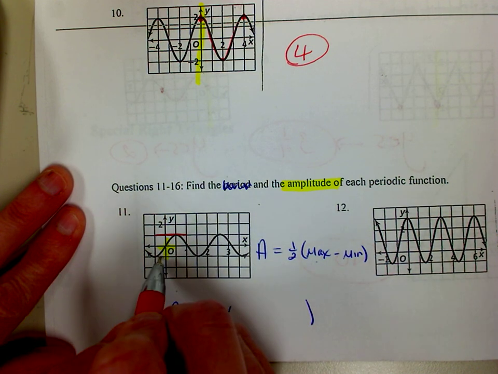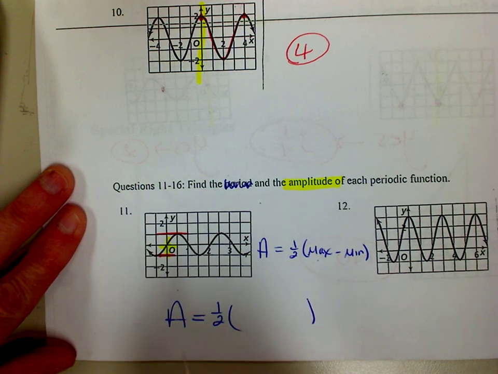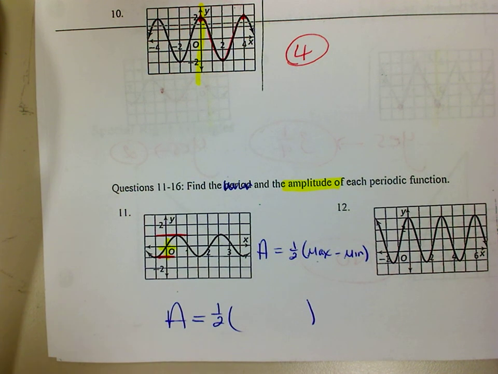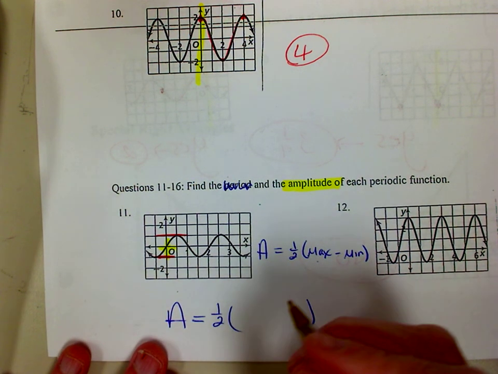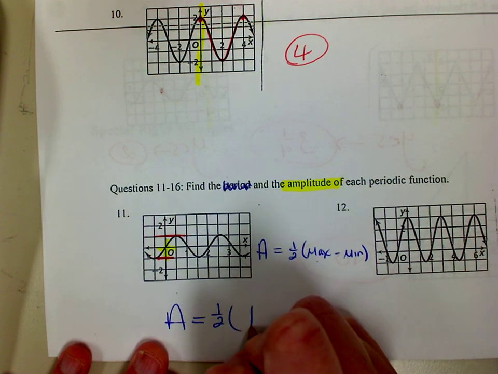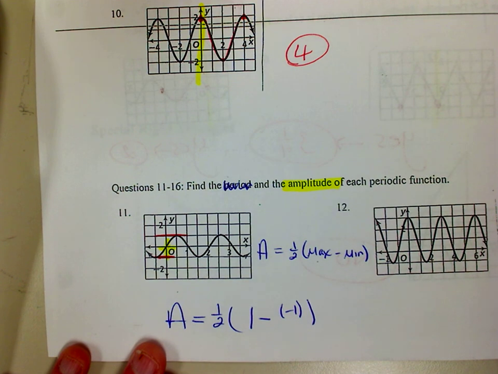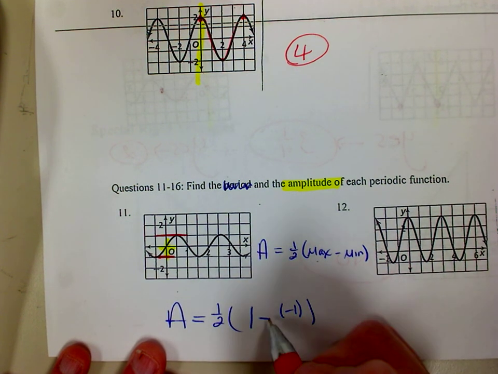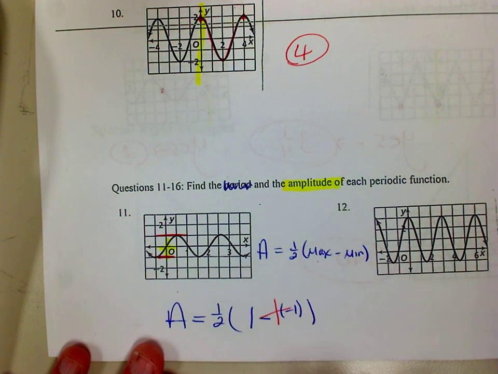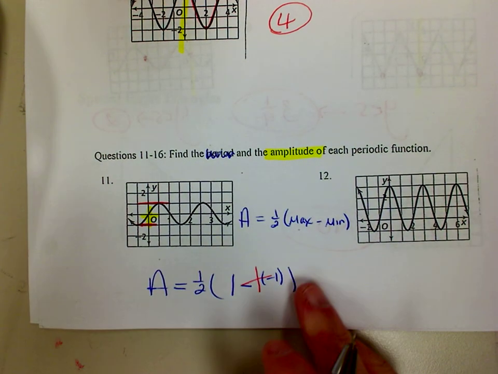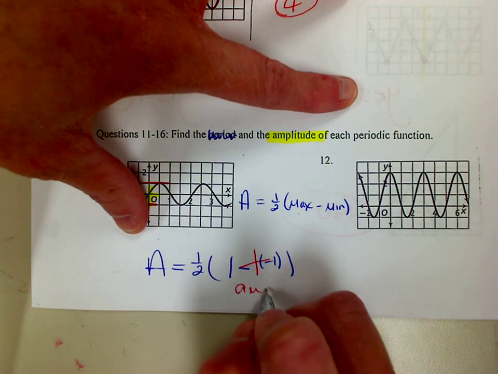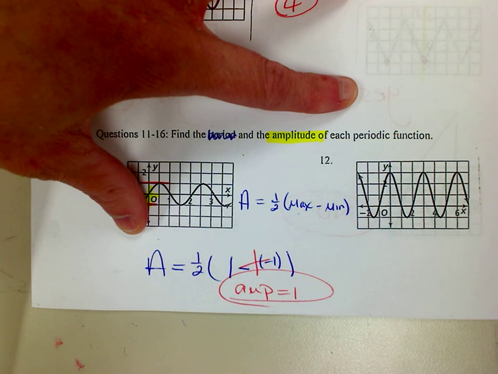The lowest it goes is -1. So the maximum is 1 minus the minimum is -1. Well, this really becomes plus. That's 2. Half of 2 is 1. So the amplitude is 1.